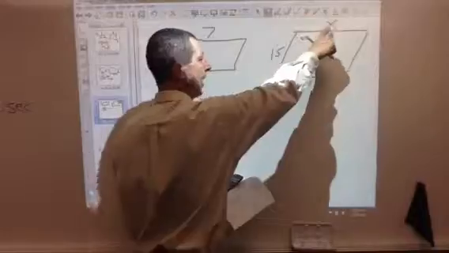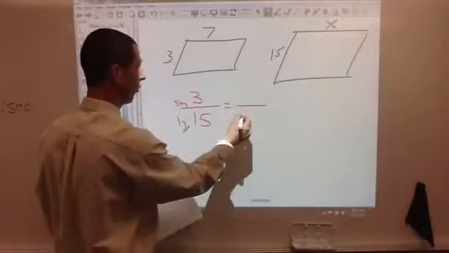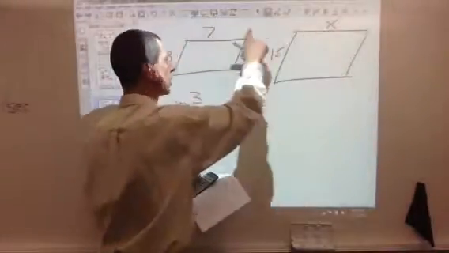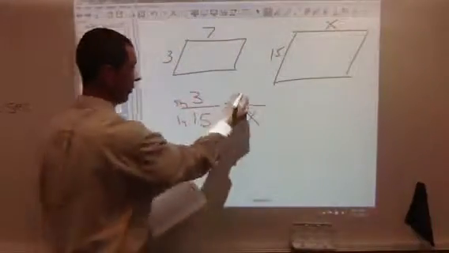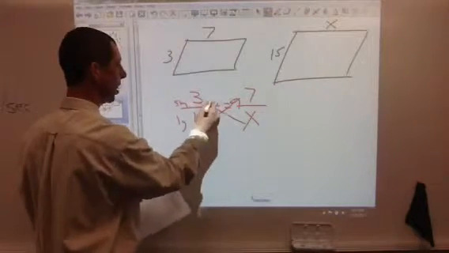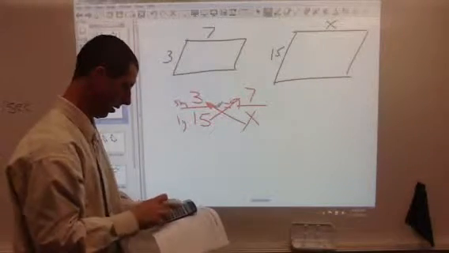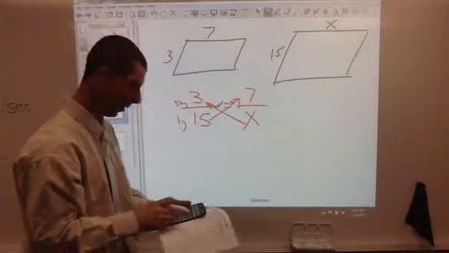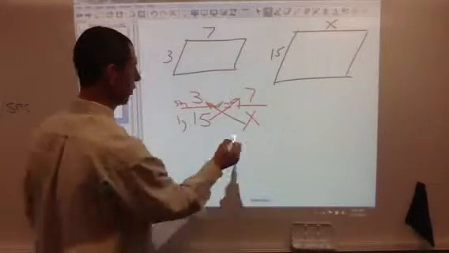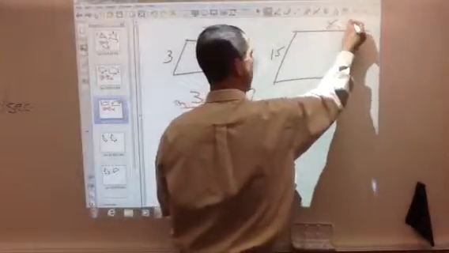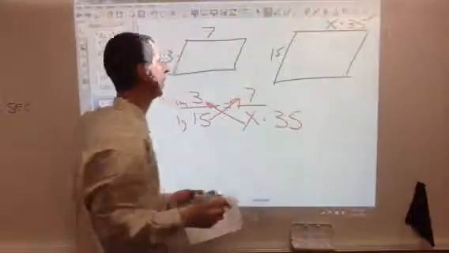Okay, we want to find x, which is off of the larger one, so I have to put large across from large, and x corresponds with 7, so I put my 7 right here. Okay, so I cross product again to solve this, so 15 times 7 is 105, divided by 3 is 35. So x equals 35 here for your answer.